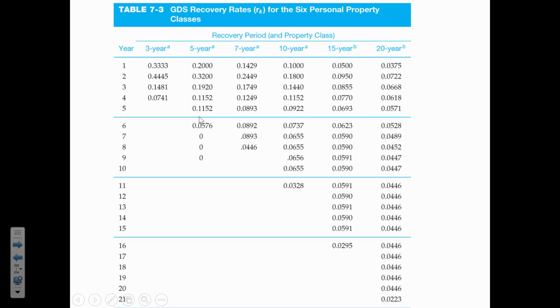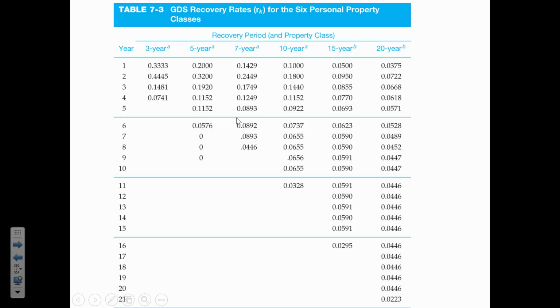I mean, it's approximating a curve and a line, but it's not exactly a curve and a line because the sum total of these always has to equal 1. If you add up all of these factors, for each column, the sum of those factors is going to be equal to 1 because you have 100% of the value of the item depreciating over its useful life.